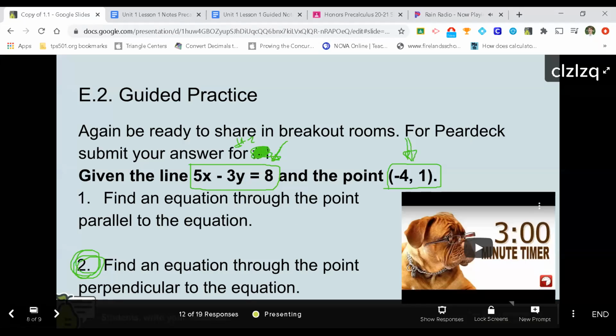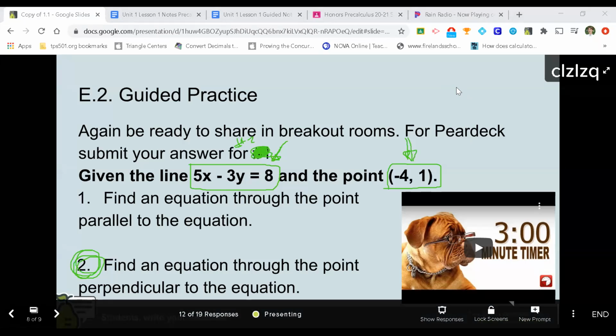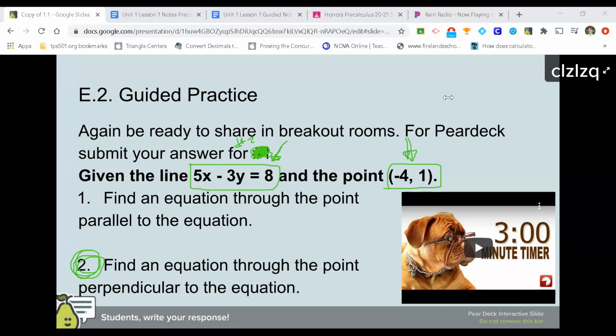Let's see how we're doing on these responses, not quite everyone's in yet. Okay, that's fine. That's good. That's correct. That person switched up their negatives.